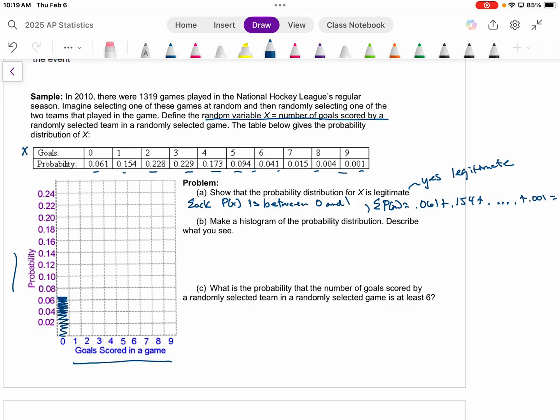Next one, 0.154 would be somewhere about almost to the 0.16 line. Number 2, 0.228, so that's almost halfway to 0.23. And then we get to 0.229, so that one's just a smidge taller.